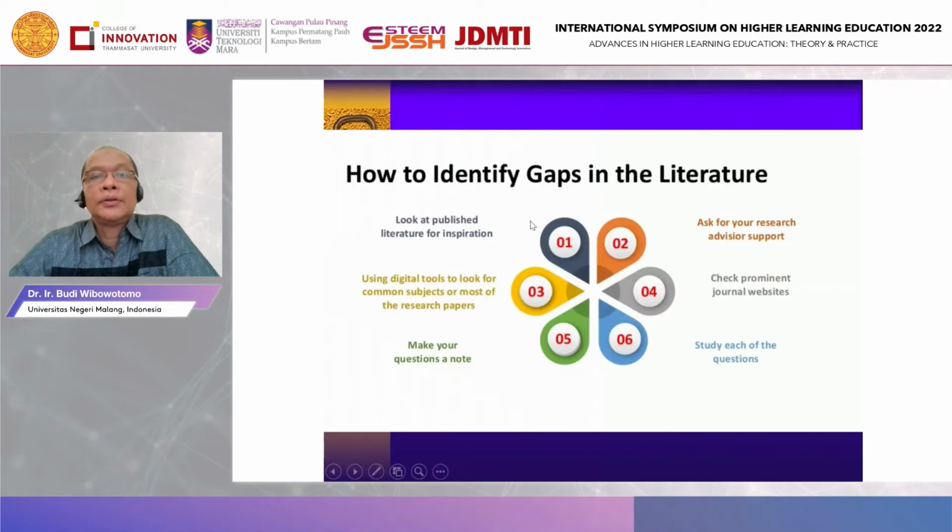This is also an example of how to identify gaps, especially in the literature.